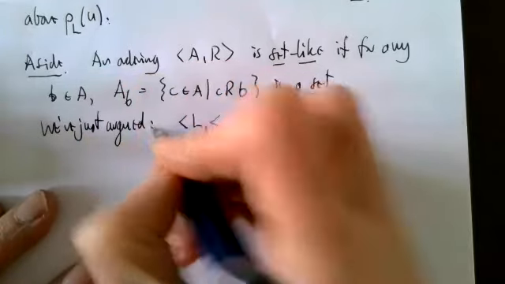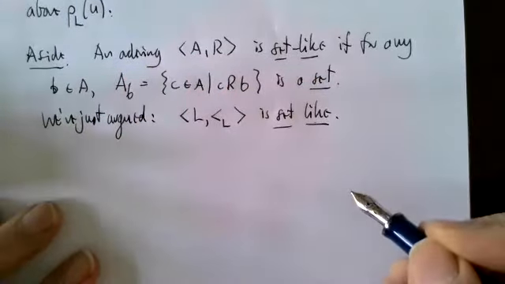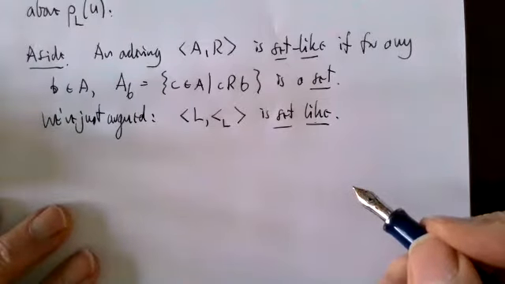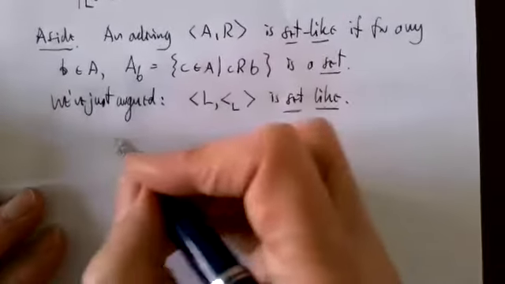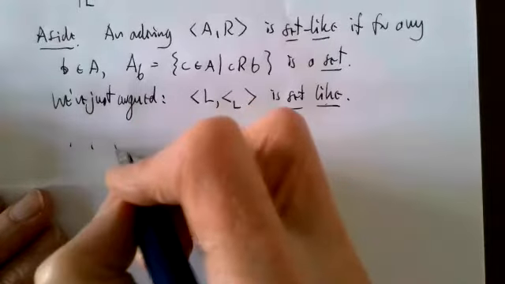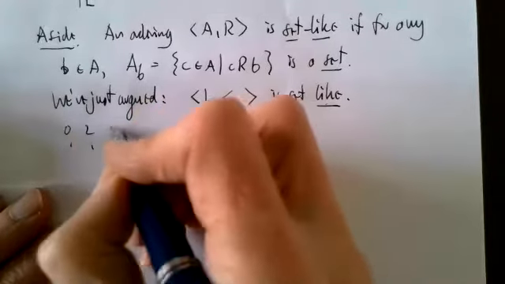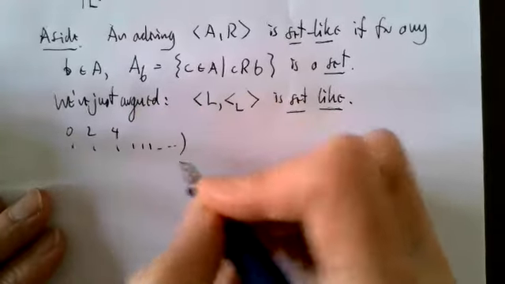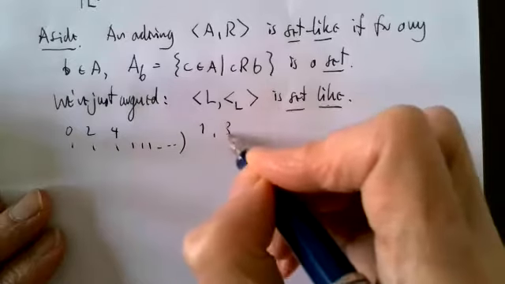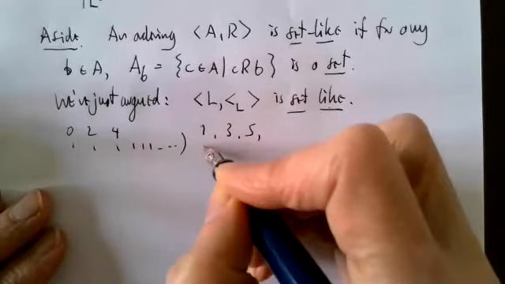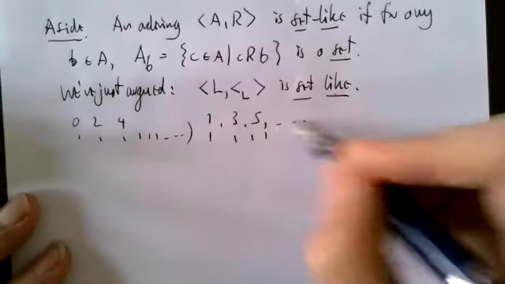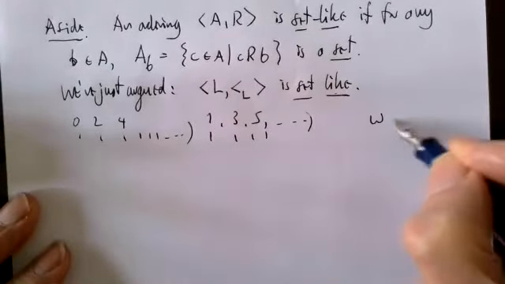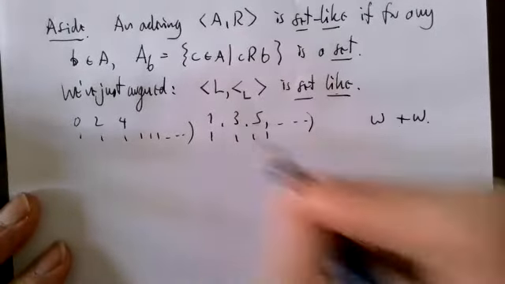But just as you can take the even numbers and put them before the odds, this gives you an ordering of the type omega plus omega, just out of the natural numbers.